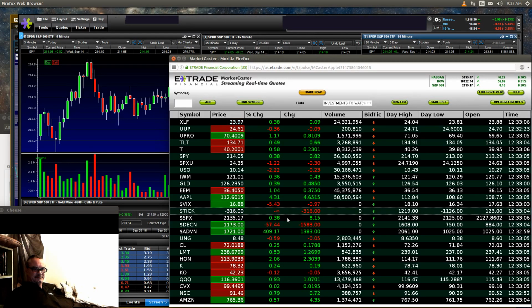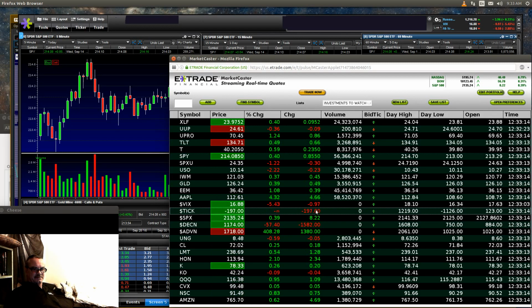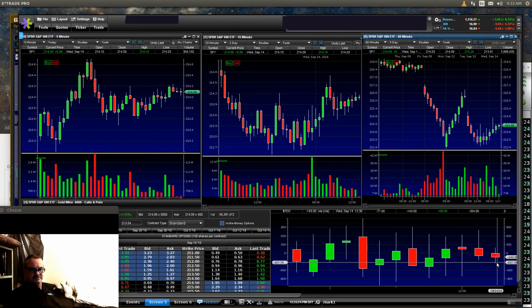SPY's at 214. Getting some negative ticks in here. And I think it got to like 300 was the highest, or the lowest. Yeah, just 300. Where did the bears go?